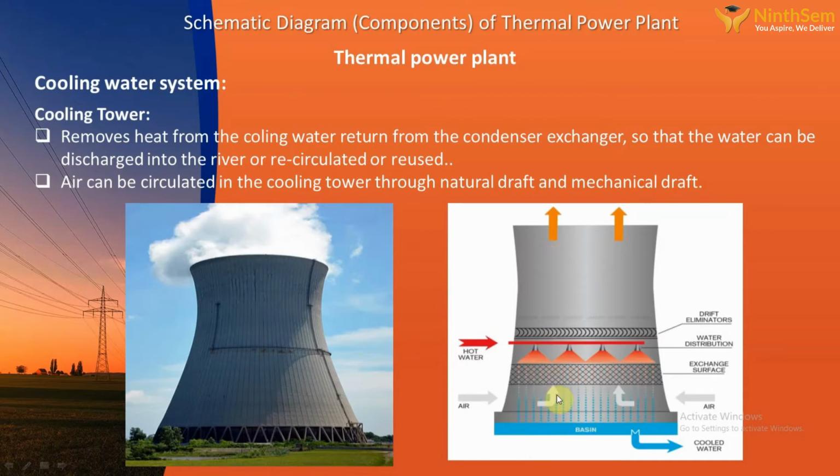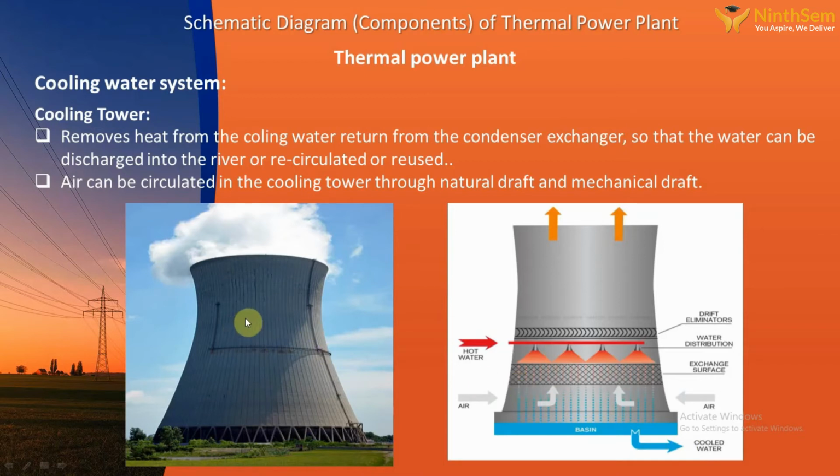Because of this air passing through the water spray, the water is getting evaporated and cooled, and the cooled water is collected in the bottom of the tank. This water is pumped back to your condenser for cooling. So this is the cyclic operation.